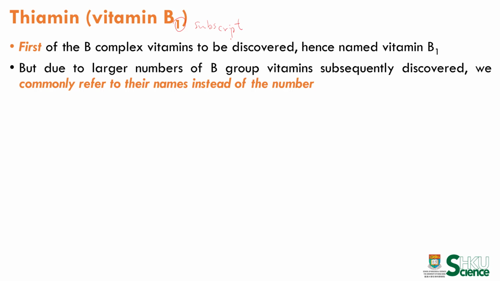So while you might still see on the internet or on textbooks vitamin B1, B2, B3, etc., most often you will find the exact name of the vitamin being displayed on textbooks, on supplement labels, etc. And in that way, it is more informative than just giving a number to a vitamin B, because it is very meaningless to show vitamin B1, 2, 3, 4, 5. But if you have the name, at least it gives them some sort of identity.